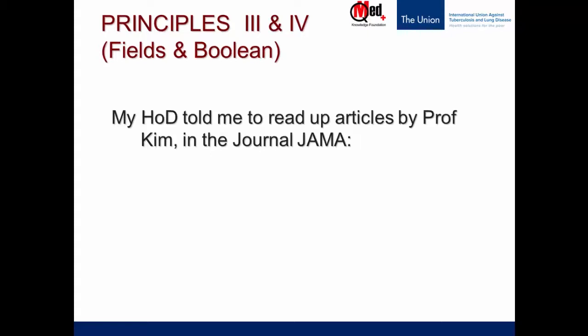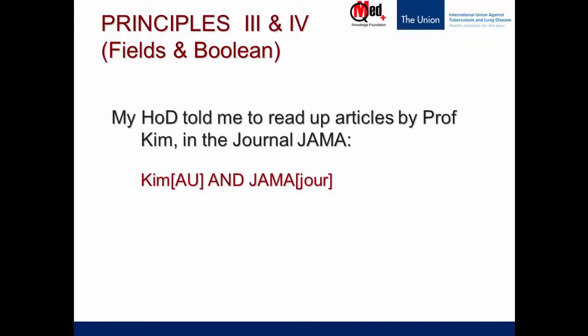First exercise is based on principle 3 and 4. My HOD told me to read up articles by Professor Kim in the journal JAMA. How exactly do we type this in PubMed? The two terms are Kim and JAMA. We need to tag each of them.